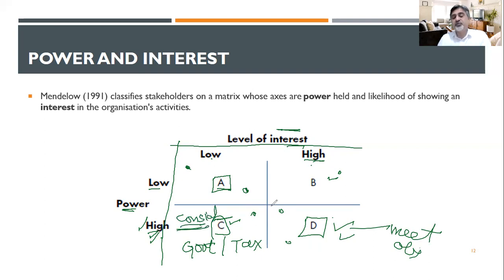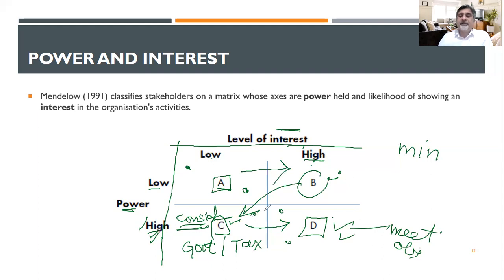And by the way, you should remember that it is possible that the ones who are in B can move to C as well, or those who are in C can move to D. So this stakeholder mapping is not a static position. Sometimes stakeholders keep on changing position. For example, a minority shareholder who probably has less interest somewhere here, buys more shares and moves to high interest.